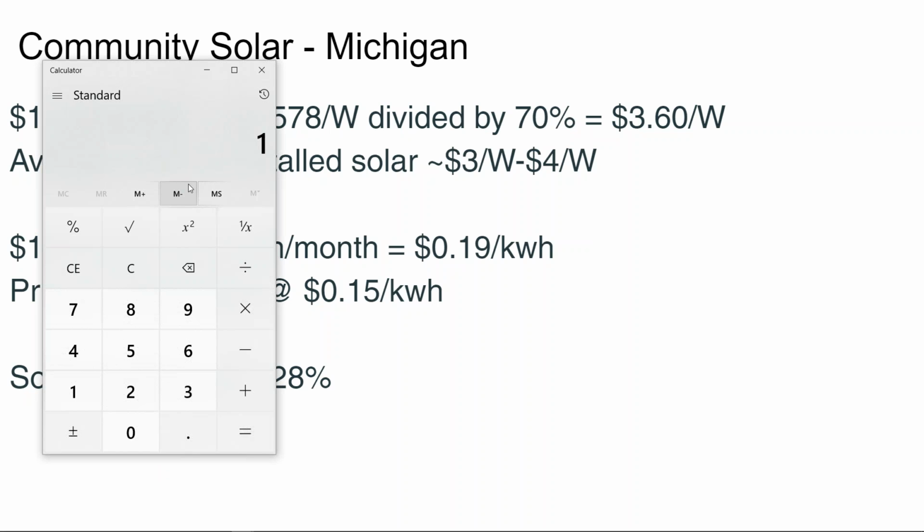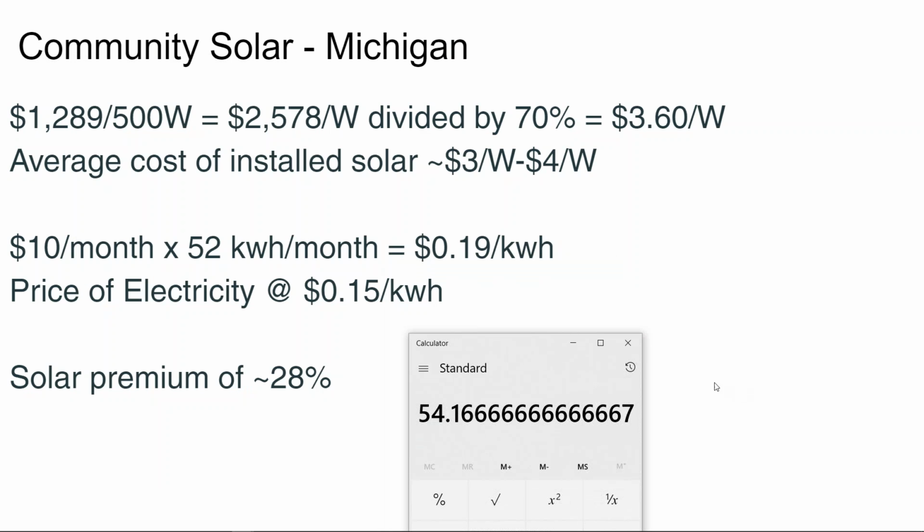Well, if 1,000 watts does 1.3 kilowatt hours per watt per year, and we divide that by 12, and then we divide that by 2 because that $10 gets you one 500-watt block. So $10 a month really should be divided by 52 kilowatt hours per month.